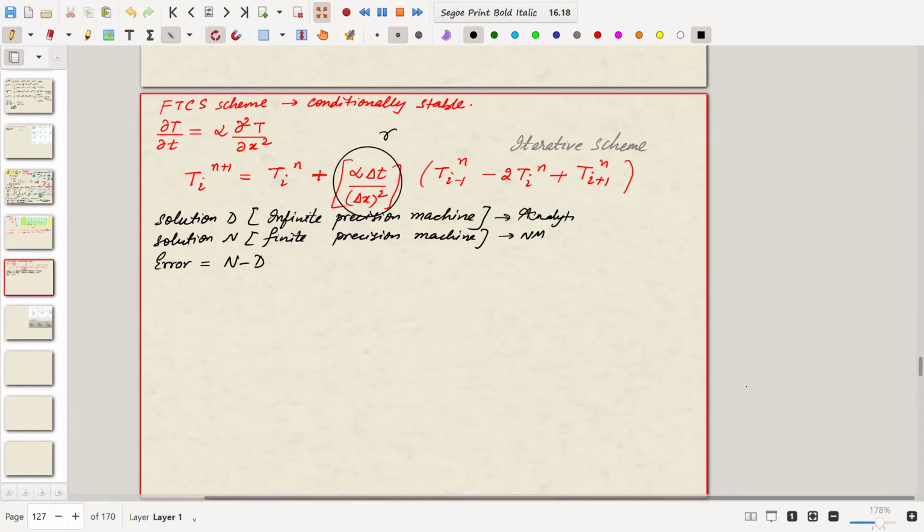Okay, so how can we compute this? Any ideas? How can we actually start? You got this idea that the error is N minus D, but after that, what should we do? Think.